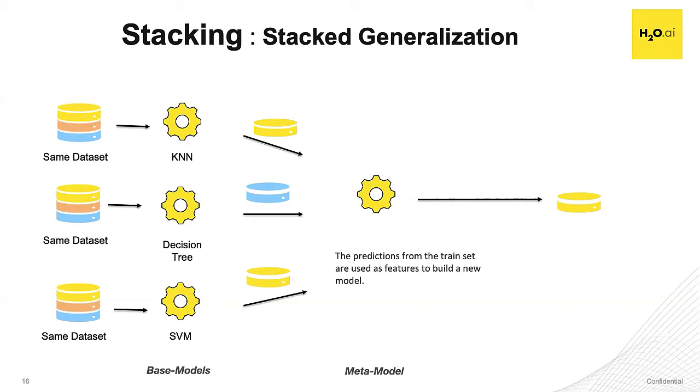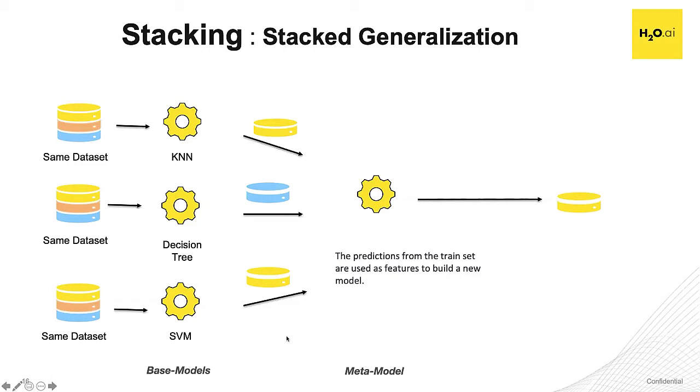Now you have to understand the word different. So the models have to be different in this case. So what you do is you take the same data set and you're going to feed it to 3 different models. Like we are seeing here, there are 3 different models, which are called base models. The predictions that you get from these 3 models are then fed as features to a new model, which is called a meta model.